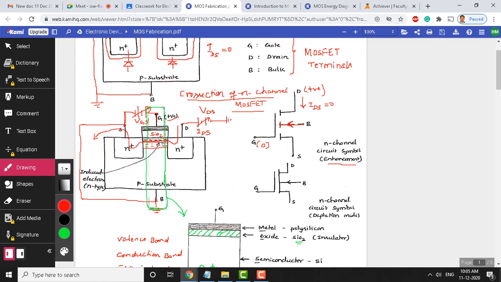It is forming negative charge carriers within the P type substrate, so these induced electrons can also be called an inversion layer.